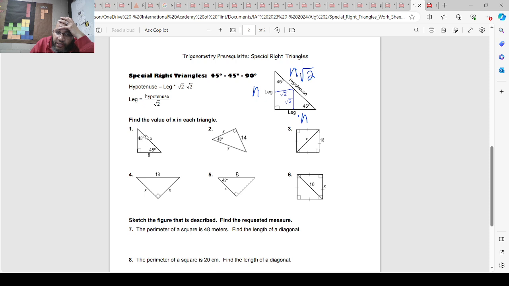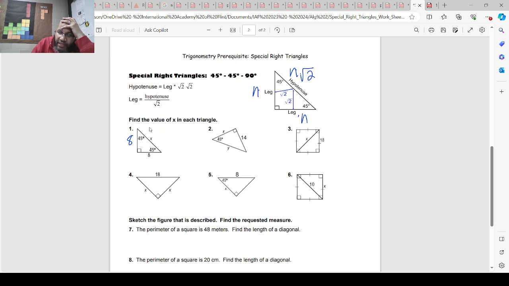So let's look at this first one. It's a 45, 45, 90, right? Well, my n is going to be 8 because it doesn't matter which leg it is. They're the same length. So this leg right here is going to be 8. And then I need to get x falling in line with this. So it's n times the square root of 2.